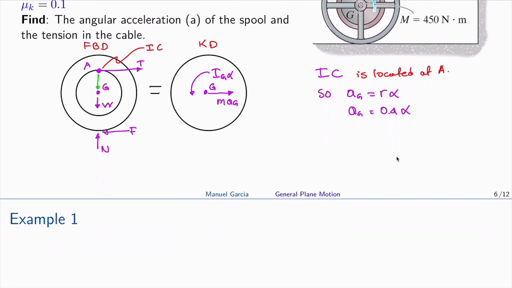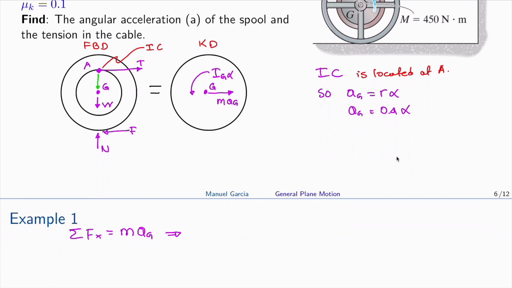From the free body diagram, the sum of the forces in X is equal to mass multiplied by the acceleration of G, and we can rewrite this equation.